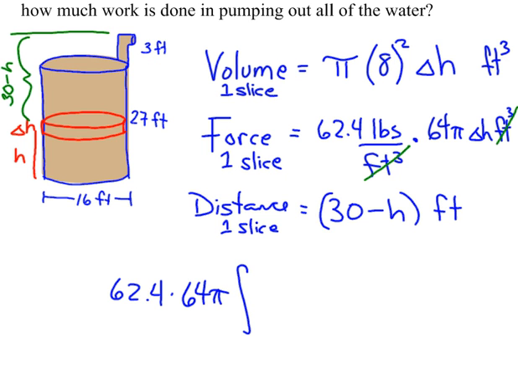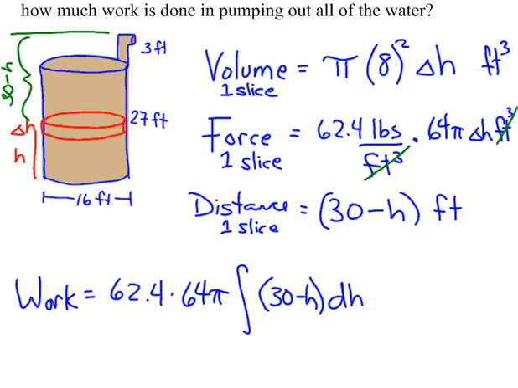That was measured in pounds, and we also have a dH on the end left from our force measured in pounds. And then we're going to multiply that times the distance, which is 30 minus h. And that's measured in feet, and so we know our answer is going to be foot-pounds, which is a measure of work. We should label that at the front here, so this is work equals.